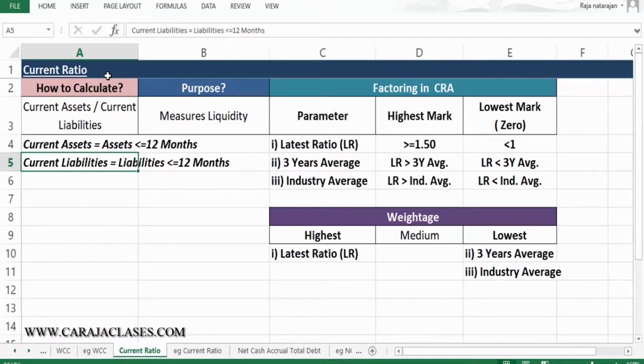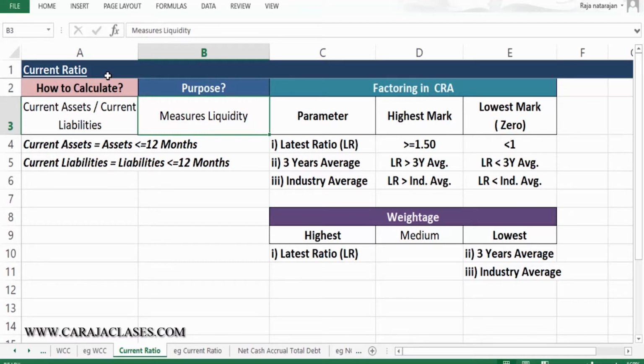Now, what is the purpose of calculating this current ratio? It is basically to measure liquidity. If the current ratio is greater than a benchmark level, it means that the business entity has comfortable liquidity. Liquidity means the ability to meet your short-term obligations and expenses without much difficulty or cash strain.